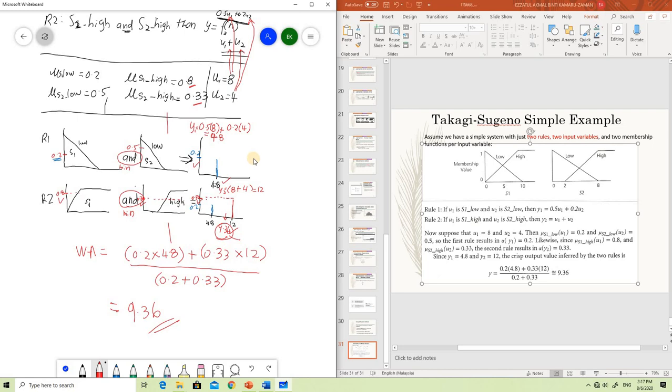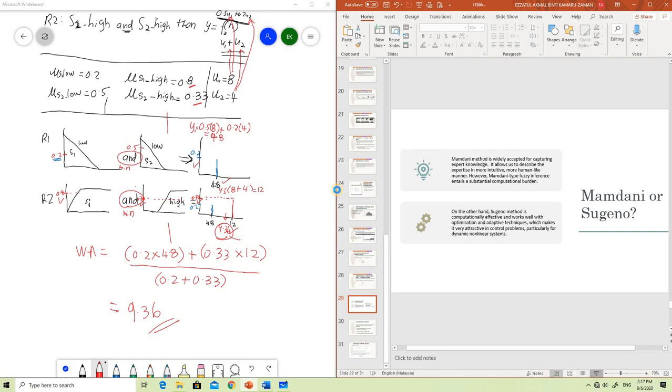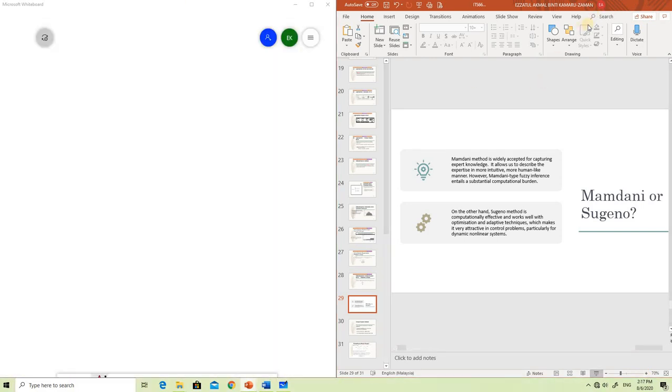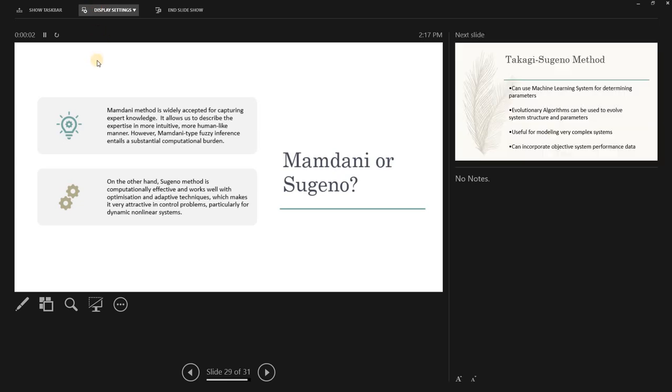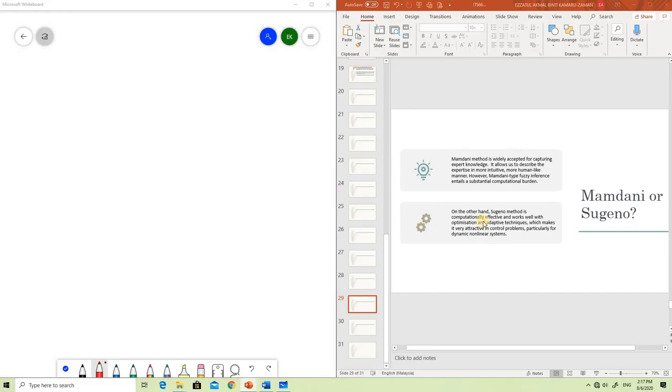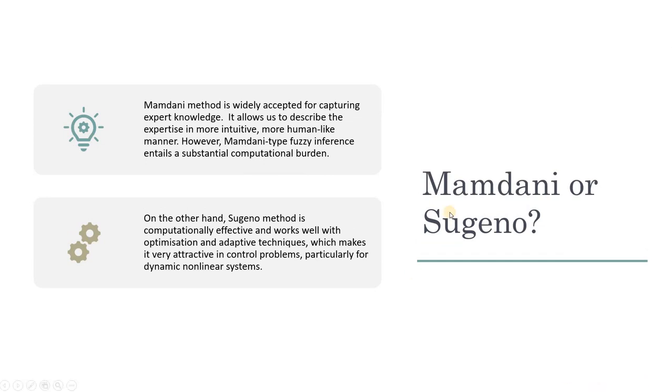Before I say thank you, sorry, we have another one that is on the summary. We have 2 types of method on fuzzification: one would be Mamdani and another one is Sugeno.